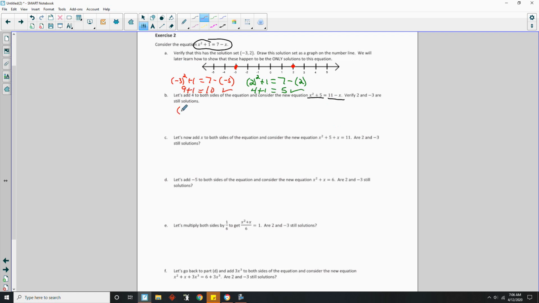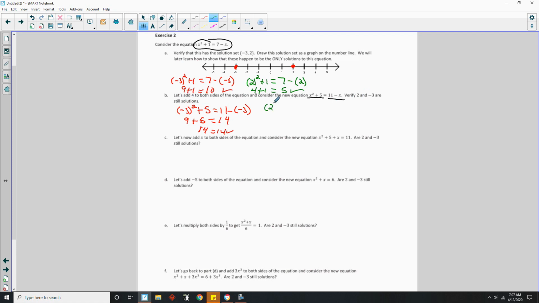So negative 3 squared plus 5 has to equal 11 minus negative 3. Negative 3 squared is 9 plus 5 equals 11 minus negative 3, which is plus 3. 11 plus 3 is 14. 9 plus 5 is 14. So that checks. That's still true. Now I'm going to verify if 2 is true.